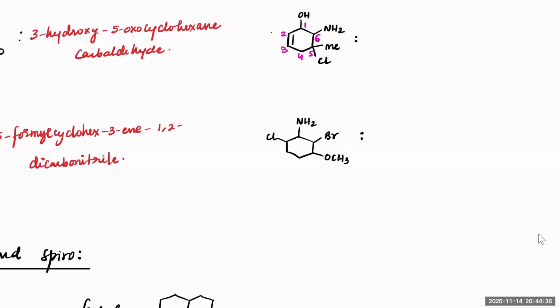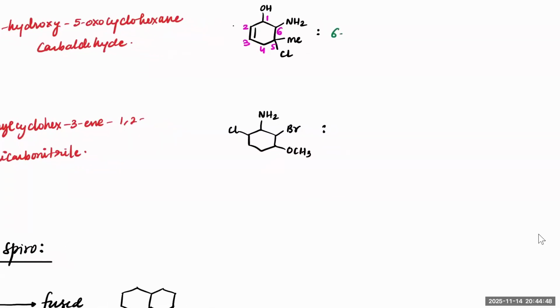And now you know that on fifth position we have chloro as well as methyl, and sixth position we have amino. Alphabetically, amino comes first, so 6-amino, and on the fifth position I have chloro, and the same fifth position we also have methyl, 5-chloro, 5-methyl, and this is cyclohex-2-en-1-ol.